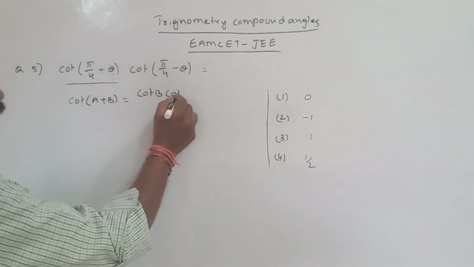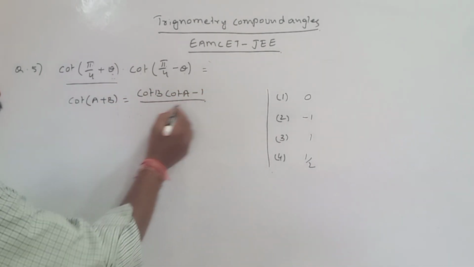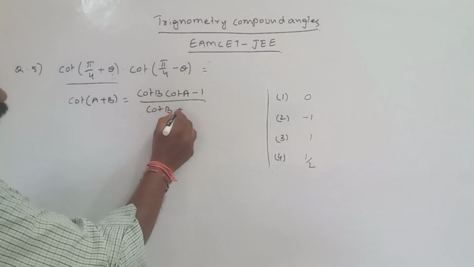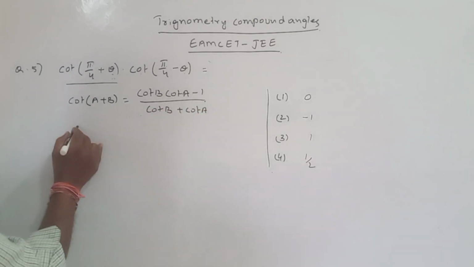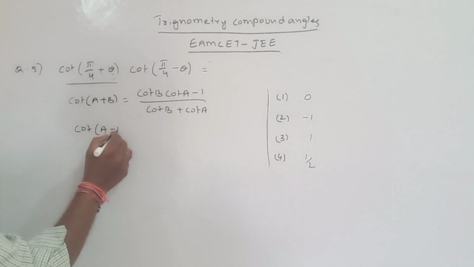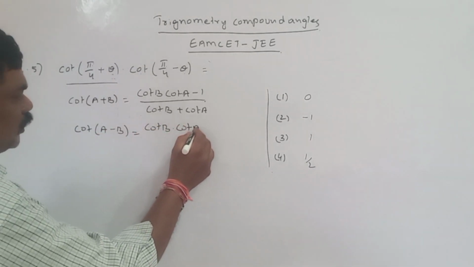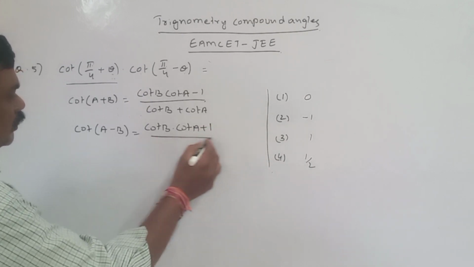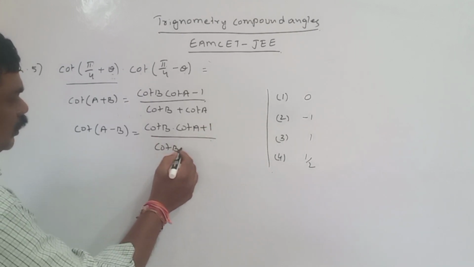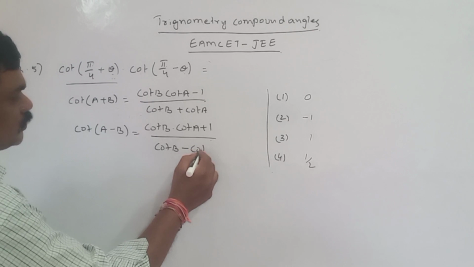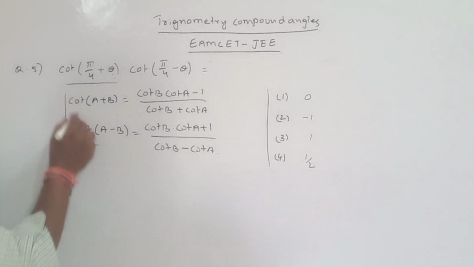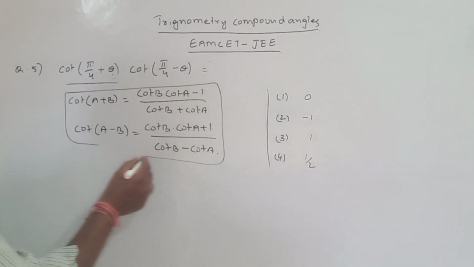Cot B cot A minus 1 by cot B plus cot A, and cot of A minus B is equal to what? Cot B cot A plus 1 by cot B minus cot A. So we have the formulas.